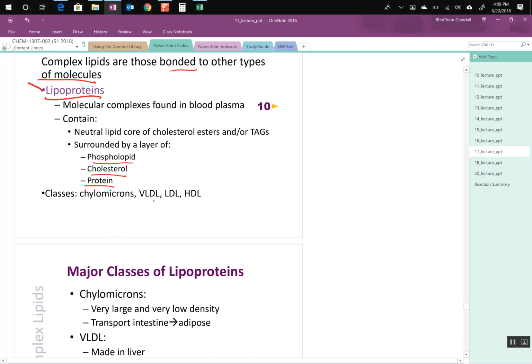These might be familiar to you. These classes of complex lipids are VLDL, very low density lipoproteins, LDL, low density lipoproteins, and HDL, high density lipoproteins.